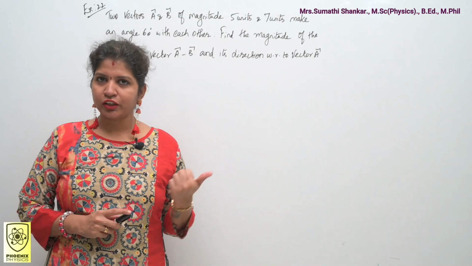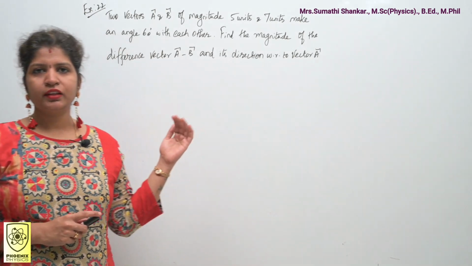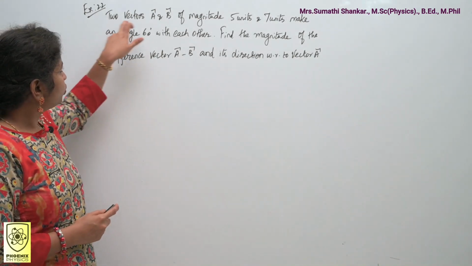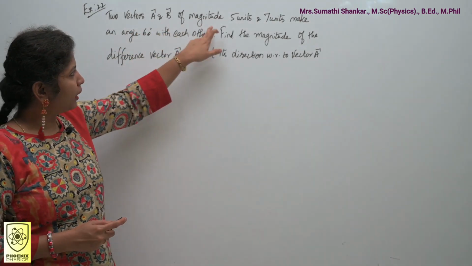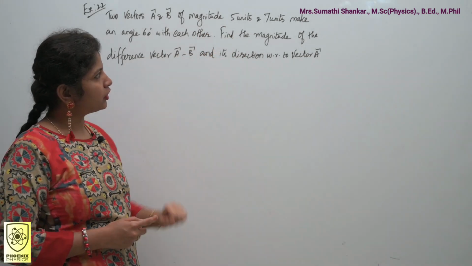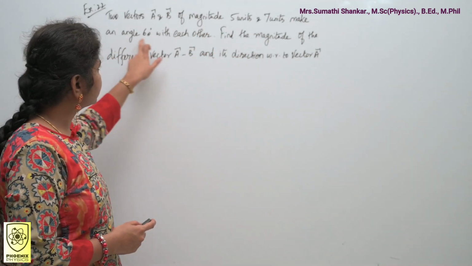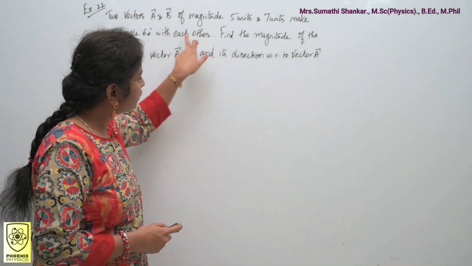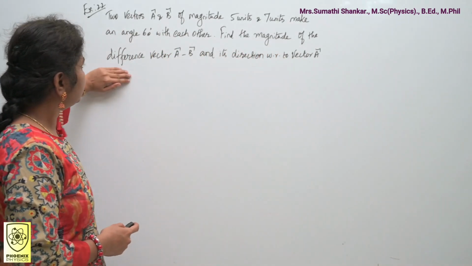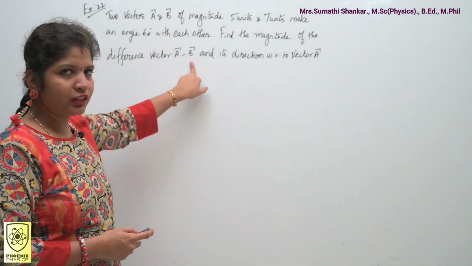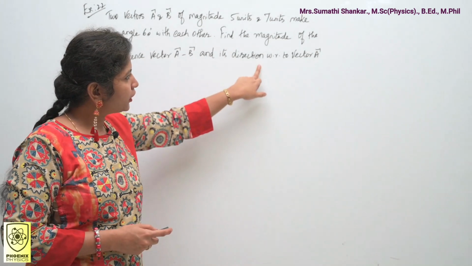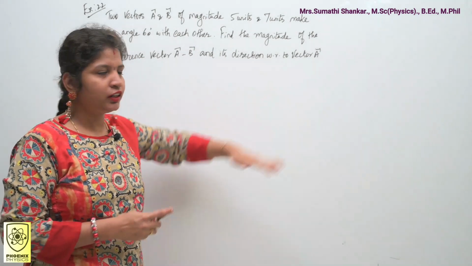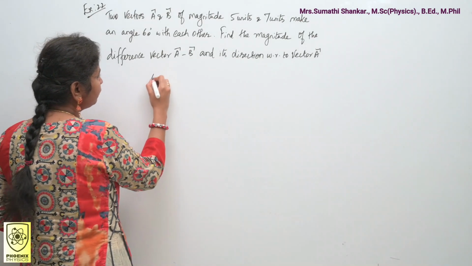Based on the subtraction of vector concept, one example problem is given. Two vectors A and B of magnitude 5 units and 7 units make an angle 60 degree with each other. Find the magnitude of the difference vector A minus B and its direction with respect to vector A. Here what is given?